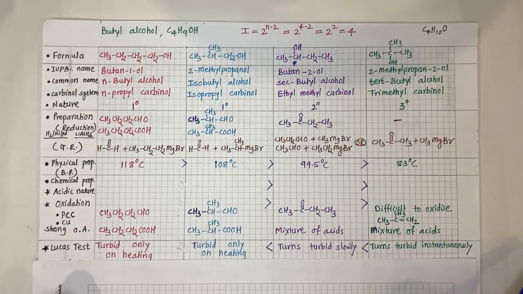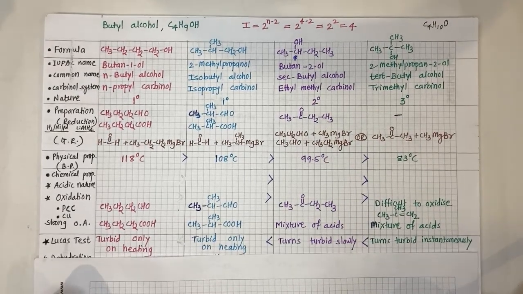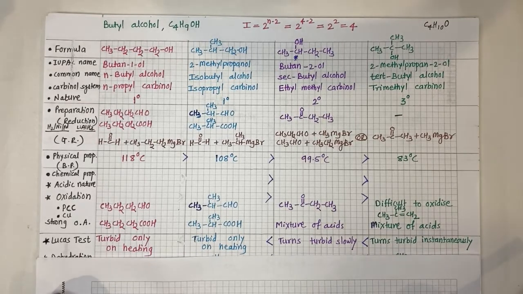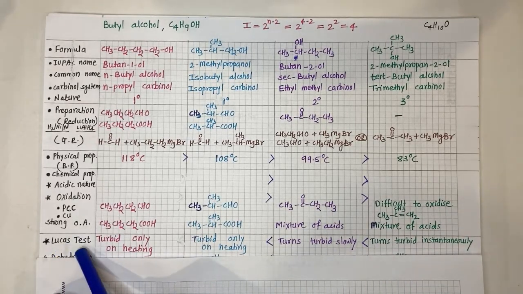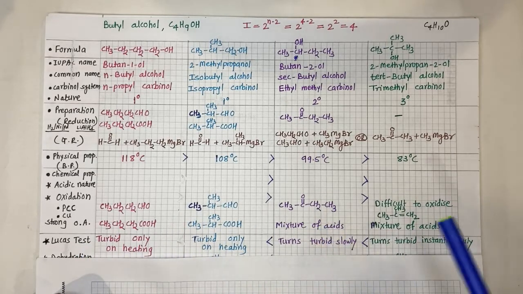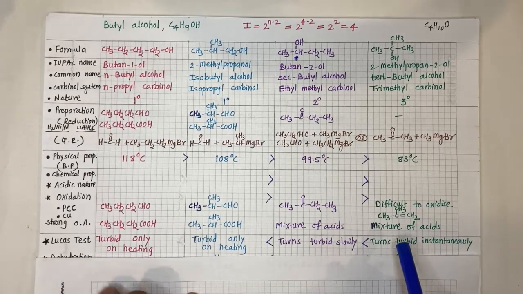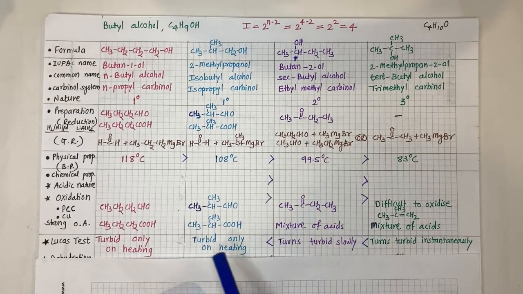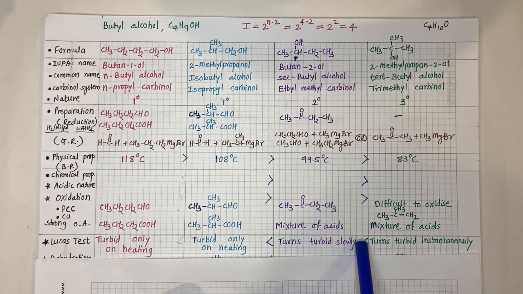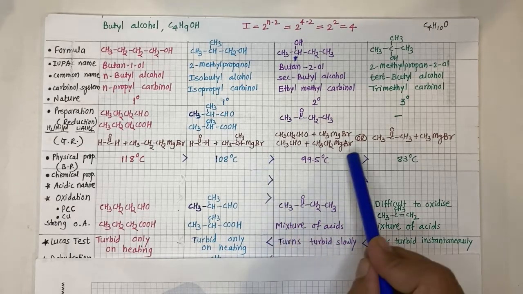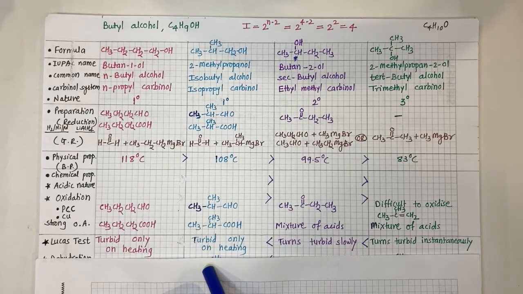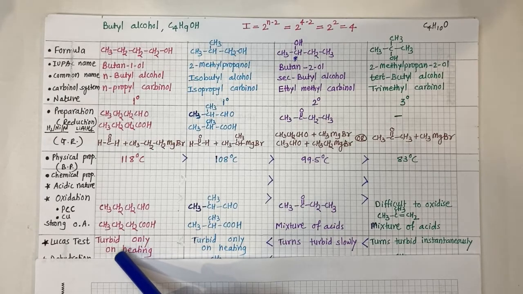Okay, next one. Now, the reaction with Lucas reagent. Here, that is the Lucas test. You can distinguish primary alcohol, secondary alcohol and tertiary alcohol. See here. Actually, here the order of reactivity is exactly opposite to this, because here breaking of the C-O bond takes place.